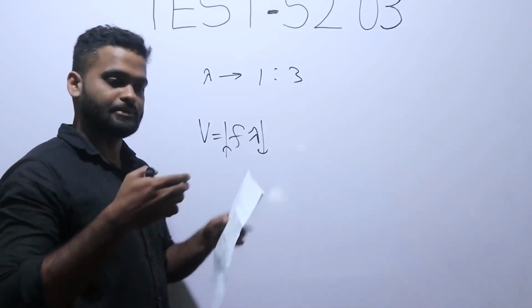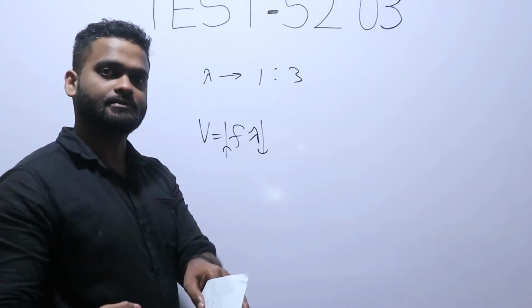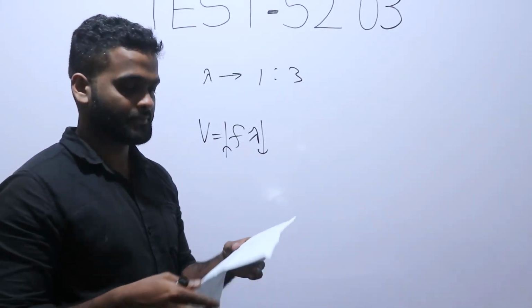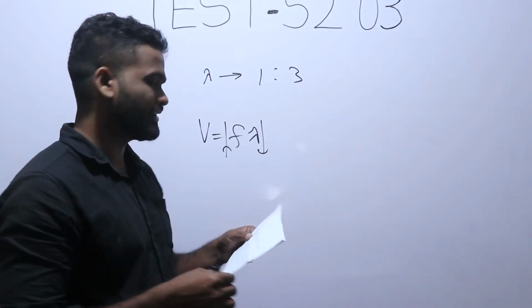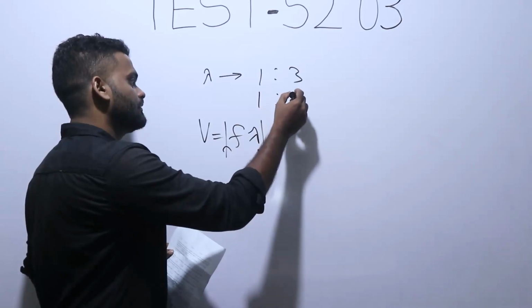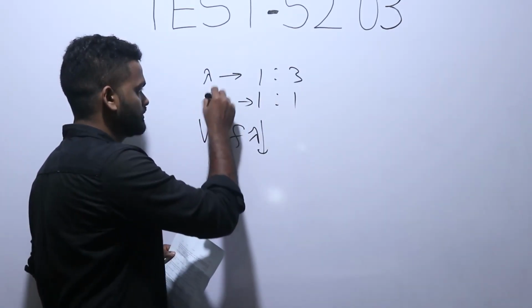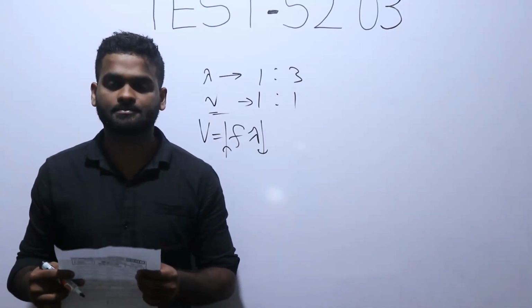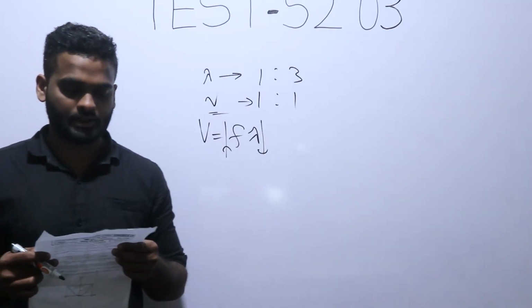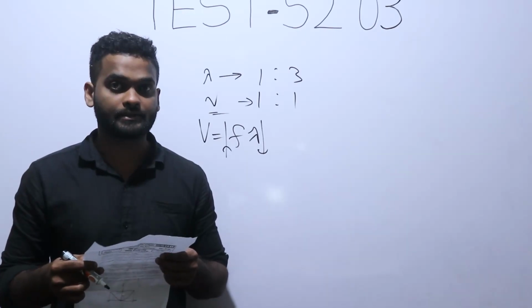So in both cases, it is the same velocity regardless of the wavelength. So the answer should be 1:1 for velocity. It doesn't change. So the answer is the fifth one for the 9th question.